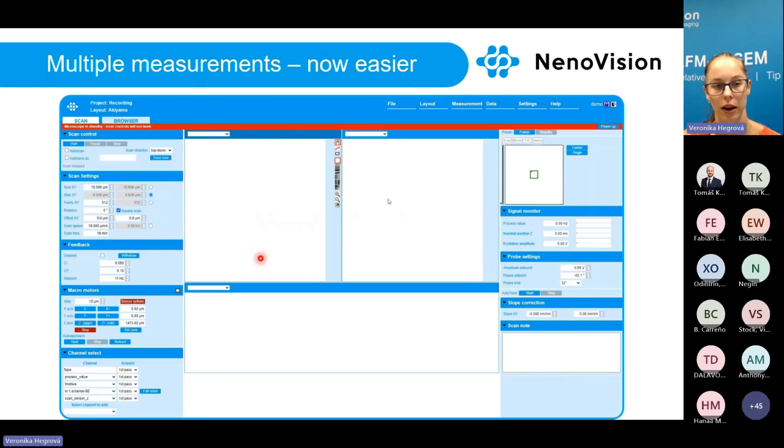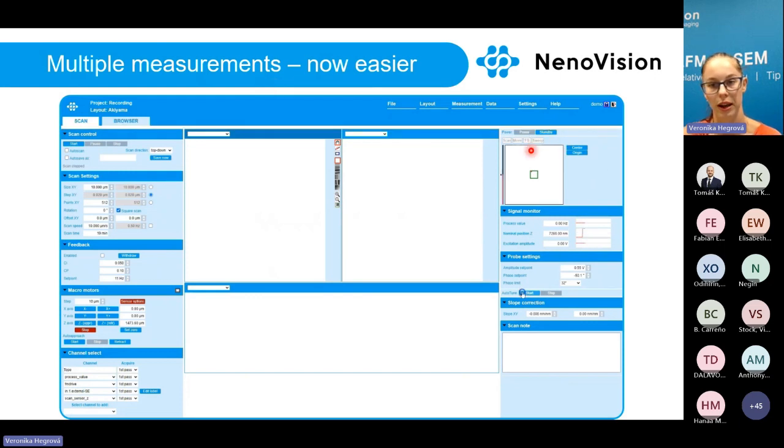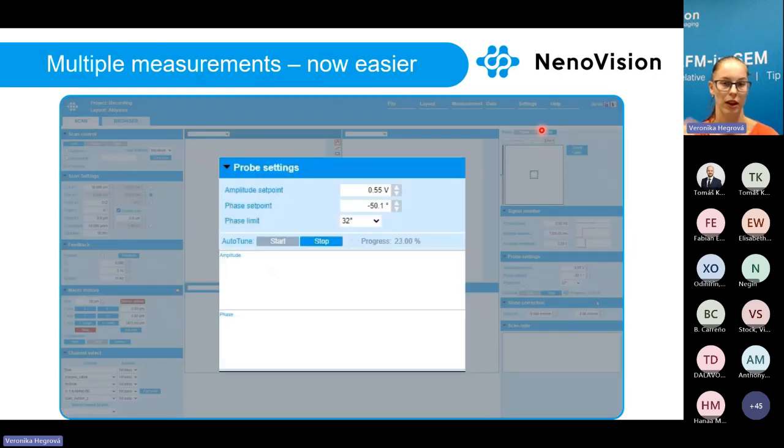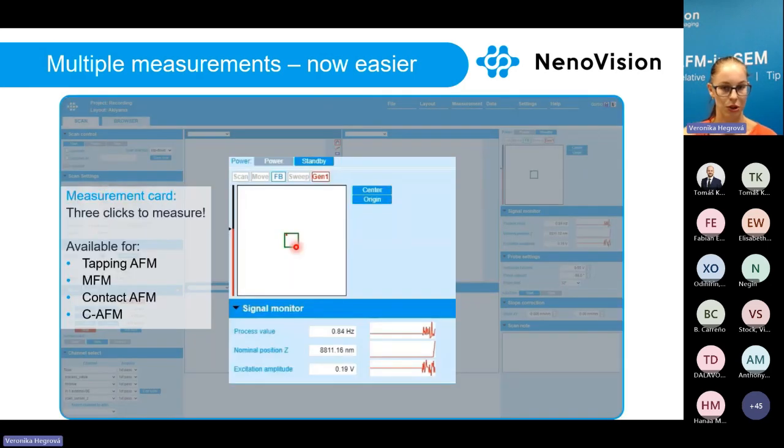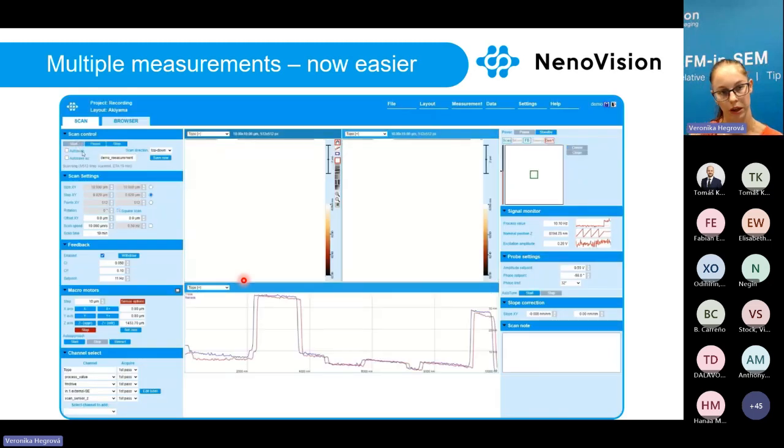So if we have a look, it's now much easier. What we need to do is in 4 clicks, we will get the image. So now we are sweeping. It will automatically choose its own resonant frequency, and afterwards we just click approach. So the scale bar says that the scanner is going back and forth, up and down, and gets into the contact.